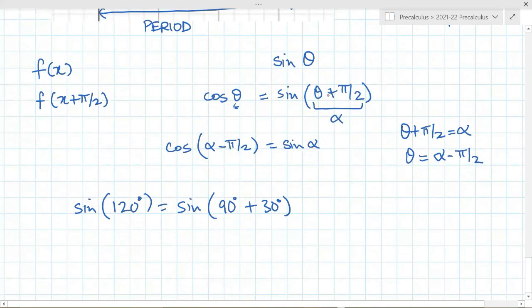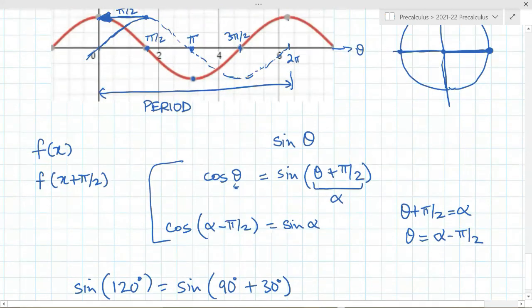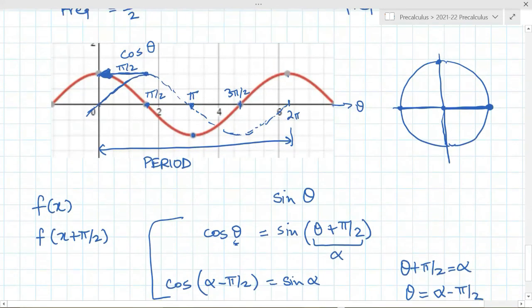Now you know that sine of 90 plus theta is cosine theta. So this is cosine 30 degrees. You can convert between sine and cosine like this once you know these identities. Okay, but you don't need to worry about this right now. Just know that if you have a graph of the sine function, you shift it left by pi over 2, it becomes the graph of cosine.